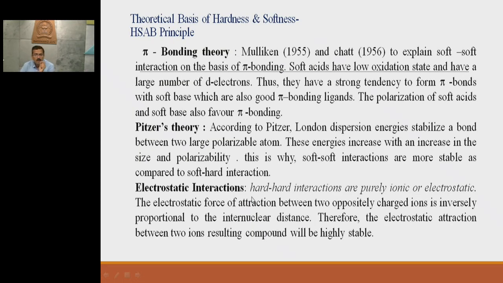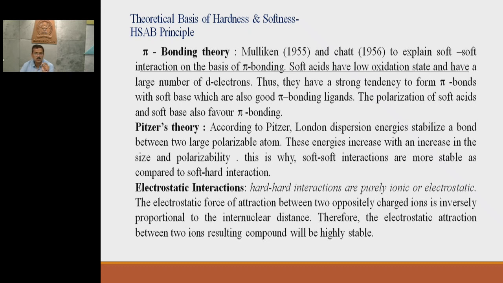So from this angle, we have to understand the different theoretical bases of hardness and softness: pi bonding theory, Drago-Wayland or London theory, and electrostatic interaction. Pi bonding theory explains how soft interaction occurs on the basis of pi bonding playing a major role in its stability.